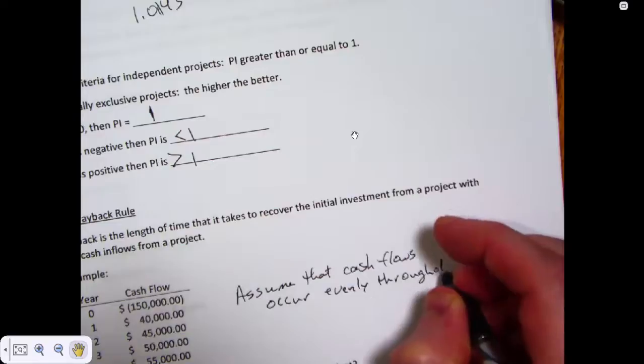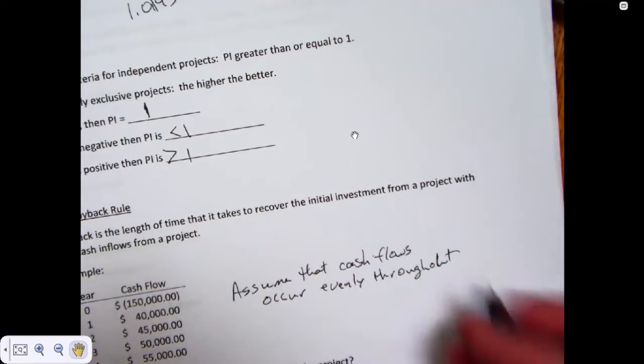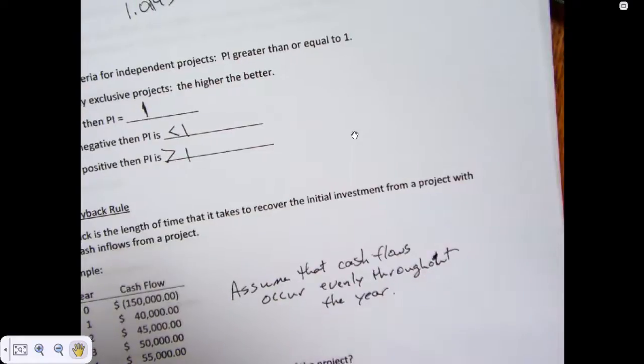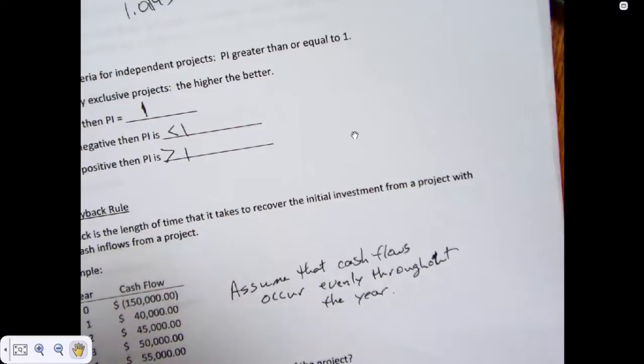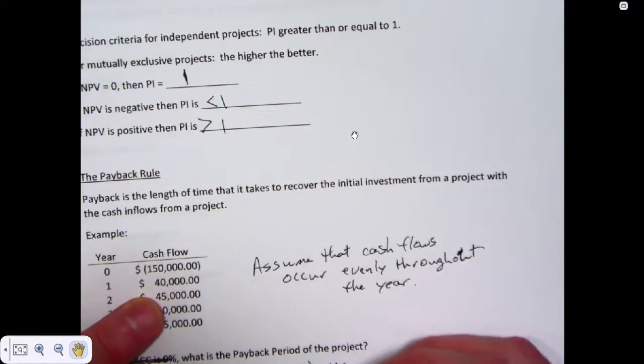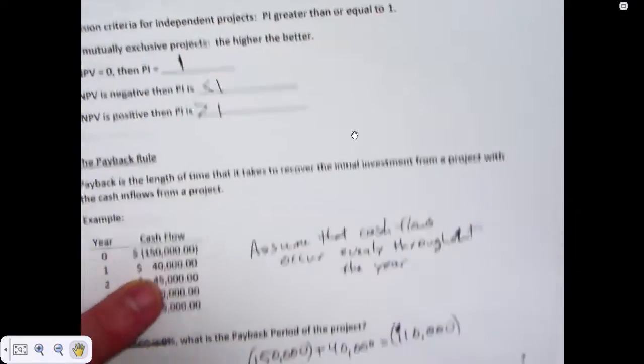And ignore that if the weighted average cost of capital is 9%, it's just what is the payback period for the project. So we take 150,000 at time 0, it's negative, we add back 40,000. So at the end of year 1, we have 110,000 left to pay back. We add back 45,000. So we're going to add back 45,000 to that negative 110,000.